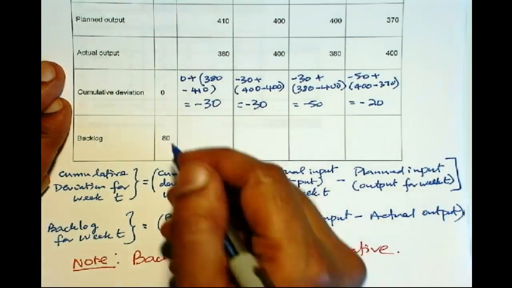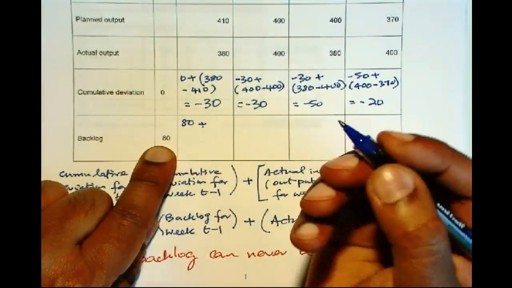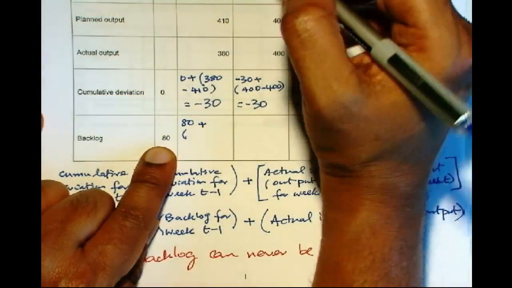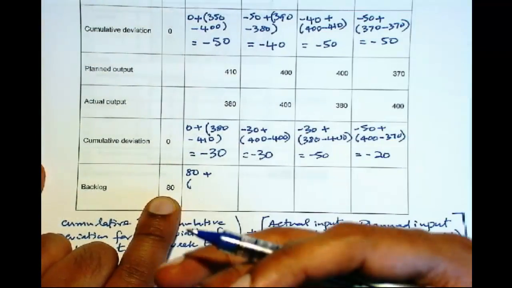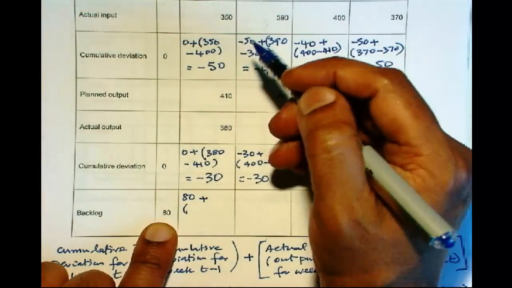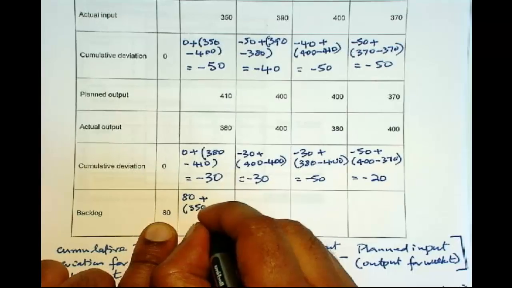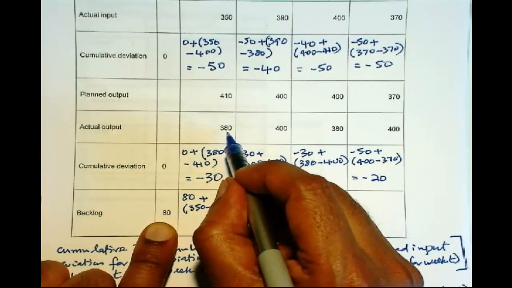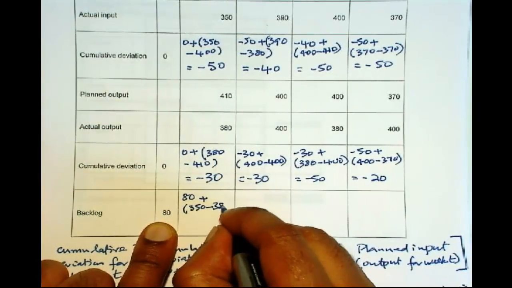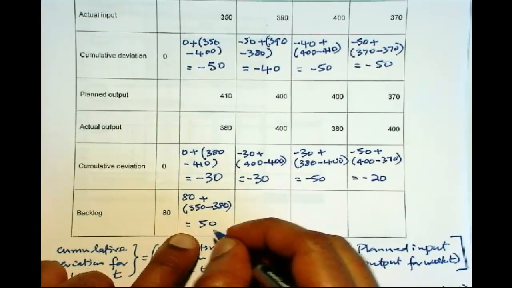So we have 80 previous backlog plus, remember the actuals, the actual input. Actual input is the amount of jobs that come into the workstation. So the actual input is 350. And what is actually getting out is 380. So the backlog now is 50. From 80 it has come down to 50.